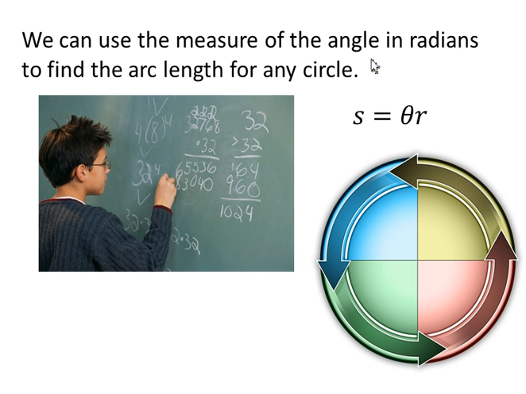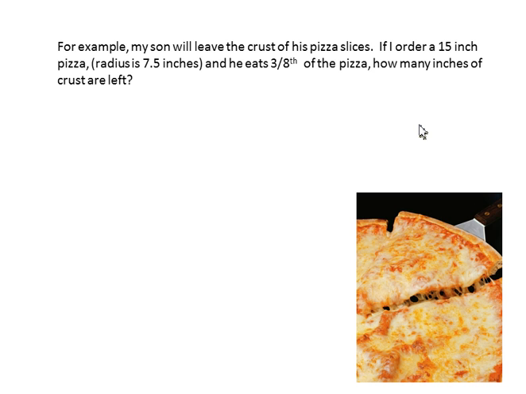So we can use the measure of the angle in radians to find the arc length for any circle, because we can just use this formula right here and say, okay, here's our angle and here's our radius. So for example, my son hates the crust on his pizza.